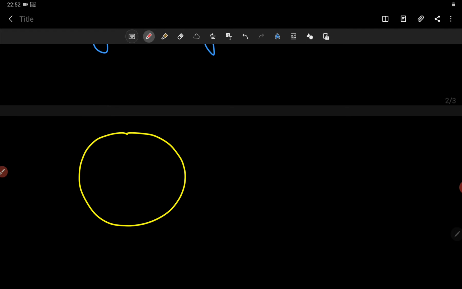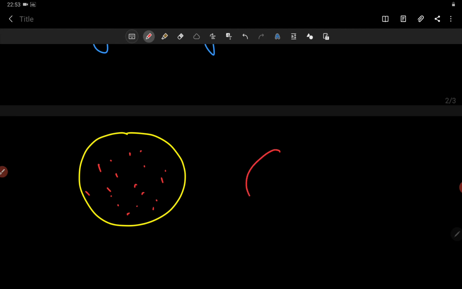Now suppose the electrons, these red dots, are coming out of the screen. So what is the current? Current is the rate of flow of these electrons or the charges which move across the cross section, and this cross section is normal to the flow of electrons.